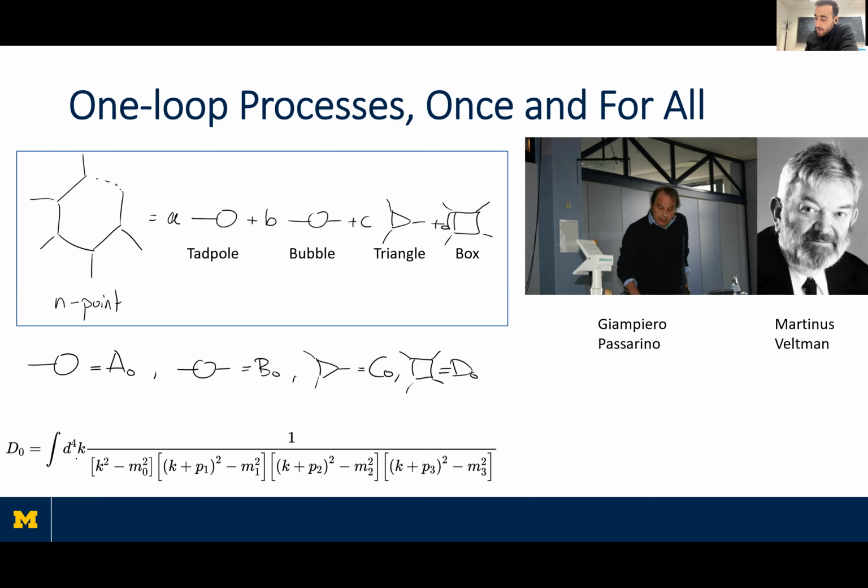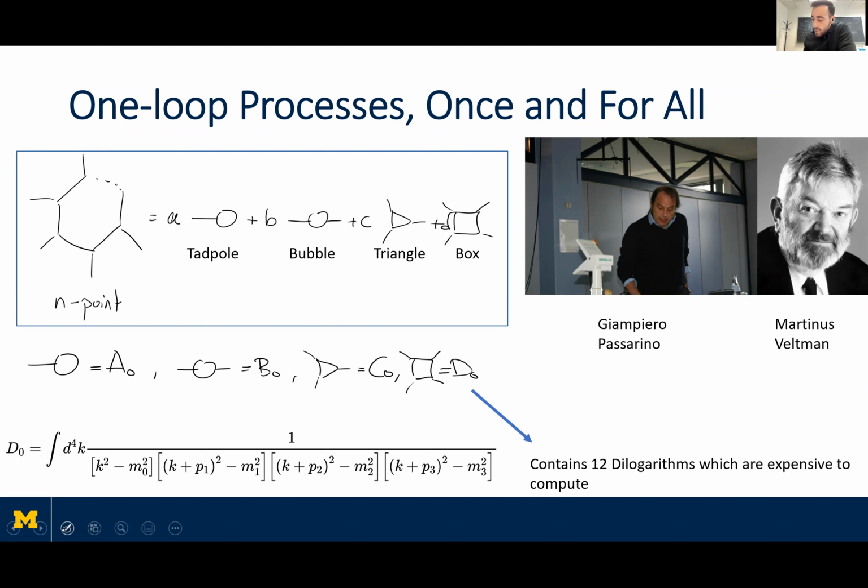What I have here at the bottom left is, for concreteness, just the box integral D0. This is the form that it has. And it turns out that it has 12 dilogarithms. If you imagine computing 12 dilogarithms for, say, 1 million phase space points, that's going to take some time. So we're interested in speeding up these computations, making them easier and faster.